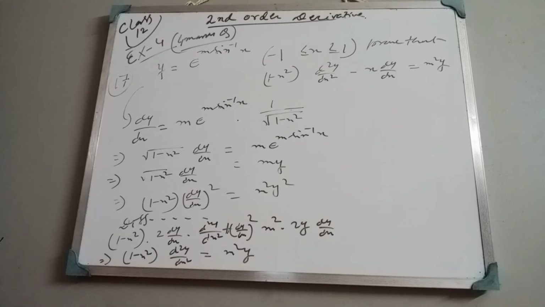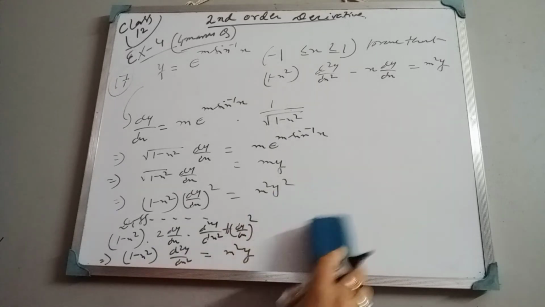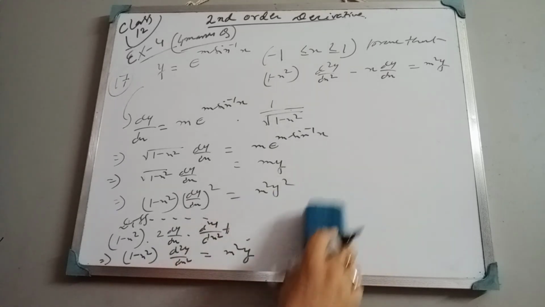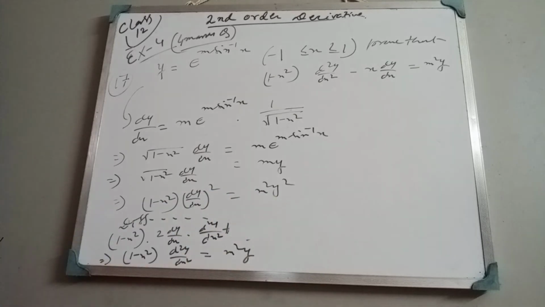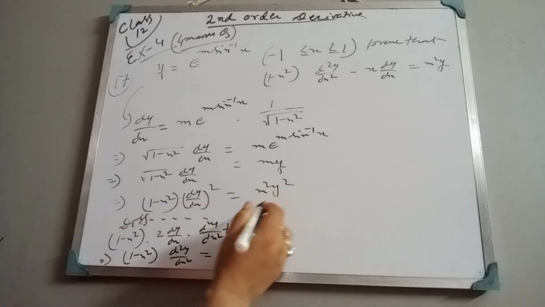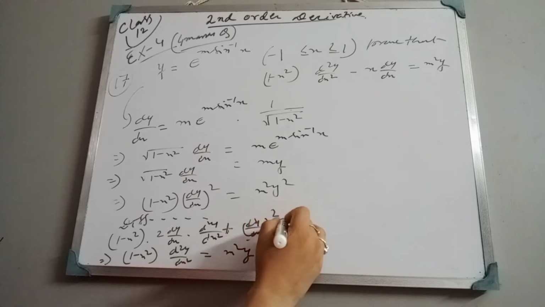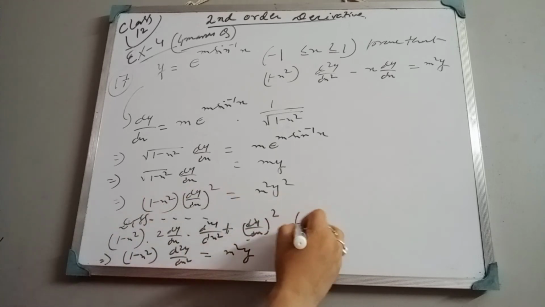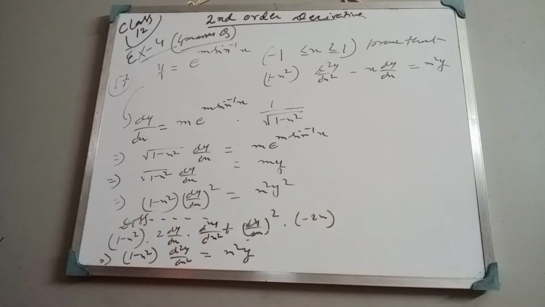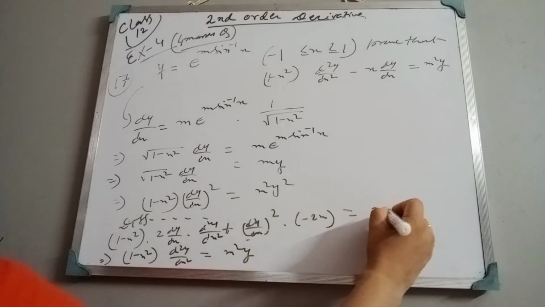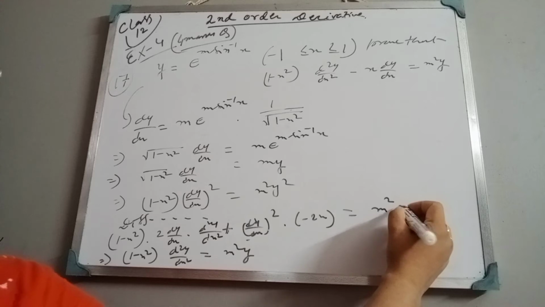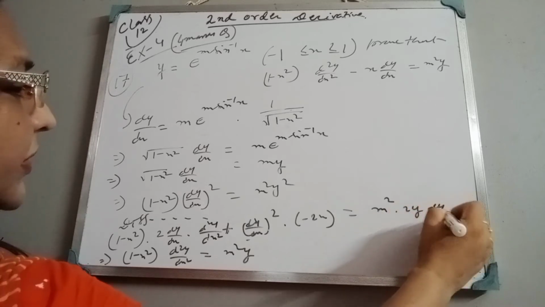Okay, let me write it again. One term is out. dy dx whole square, this term, plus dy dx whole square into d dx of 1 minus x square, which means minus 2x, is equal to, already I have written that side, m square 2y dy dx.